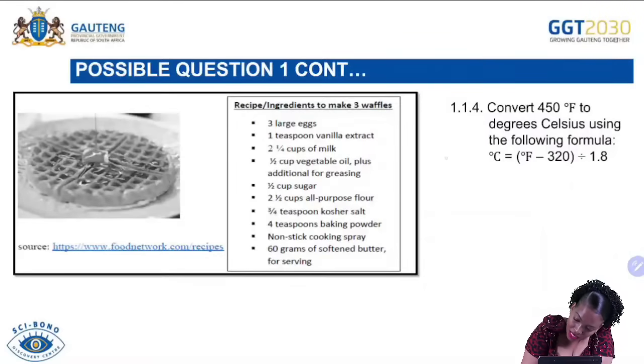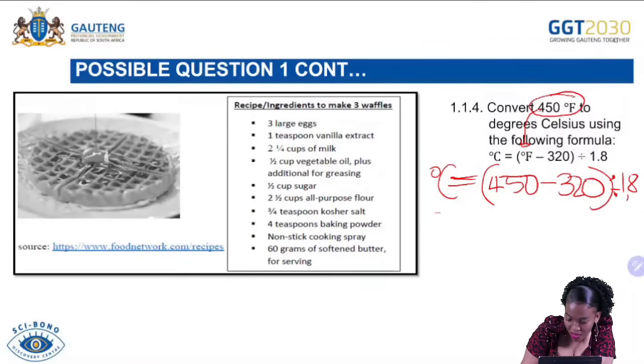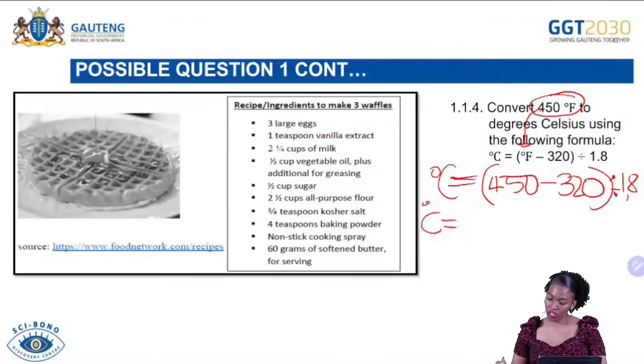So now let us rewrite the formula. It is degrees Celsius equals, where we see F, we are going to write what? We're going to write 450. So it will be 450 minus 32 divided by 1,8. Then degrees Celsius equals, and I'm going to take my calculator and say 450 minus 32.